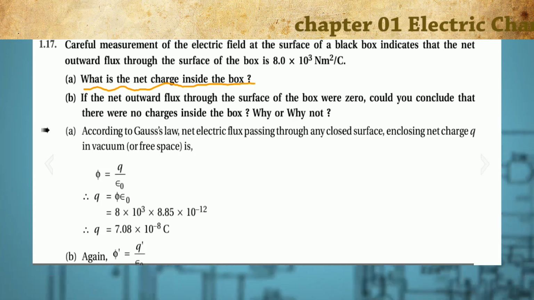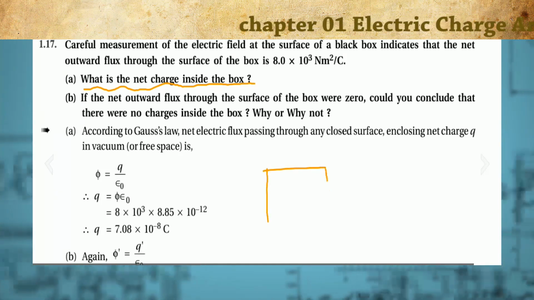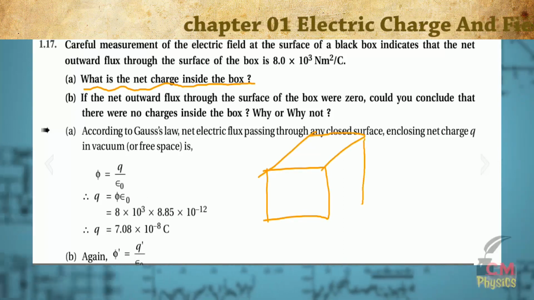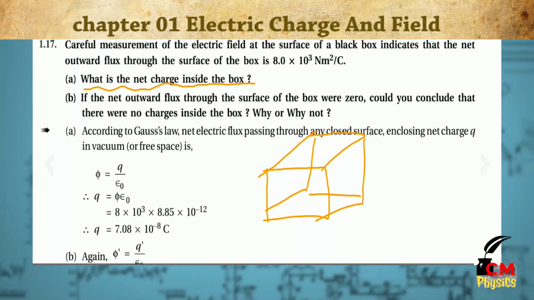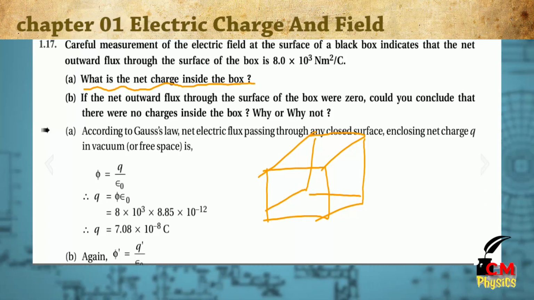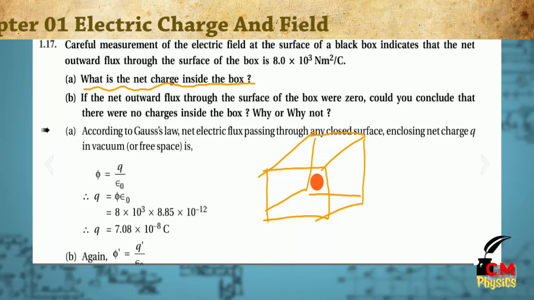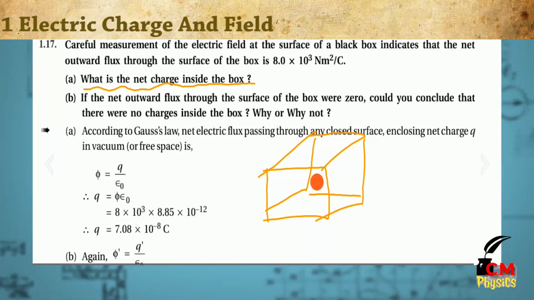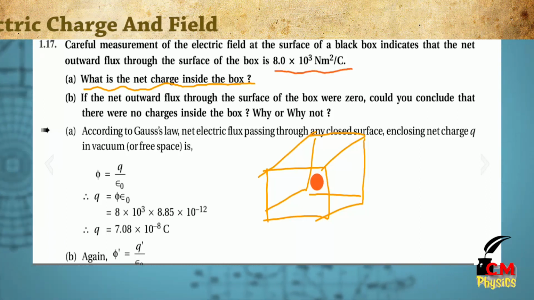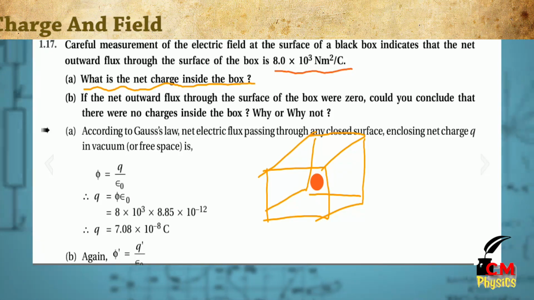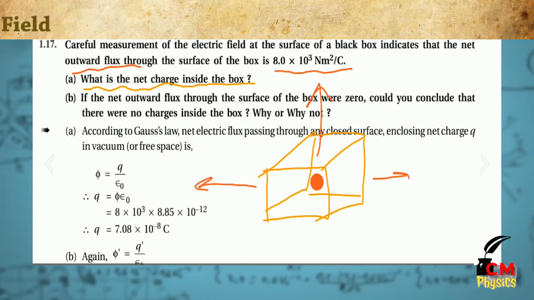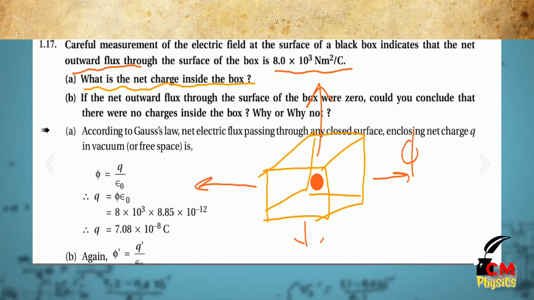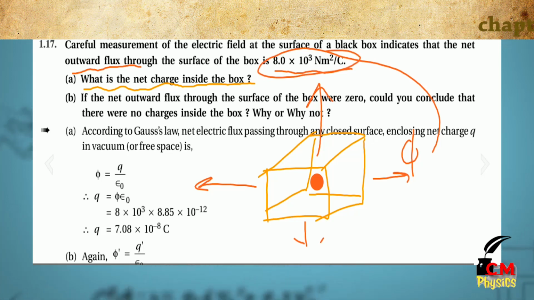Dear friends, here we have one box. Within the box, there is some charge. The flux is outward from the box, and the value of the flux phi is given to you, that is 8 into 10 raised to 3 Newton meter square per coulomb.